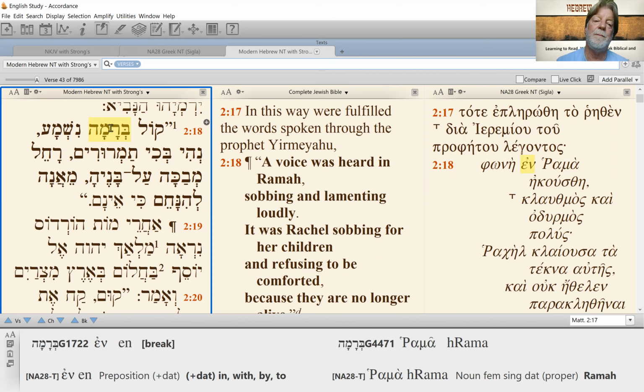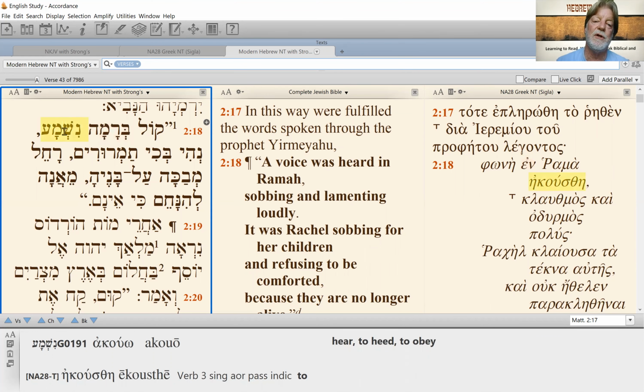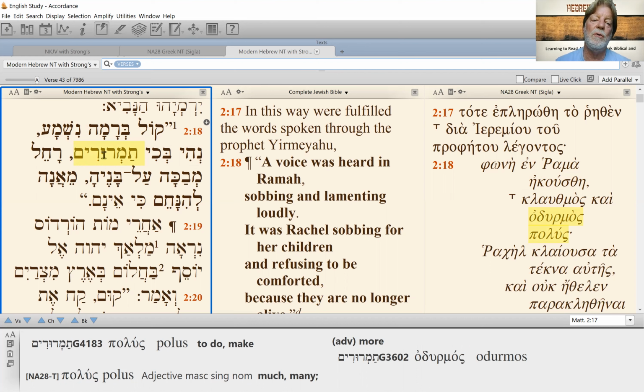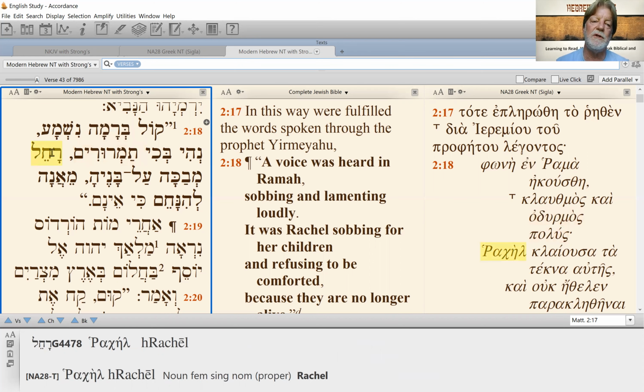Kol baramah nishma, is heard. Nechi, there is bechi, crying, weeping. Tamrurim, that would be a lot of crying. Rachel, that's Rachel's name.